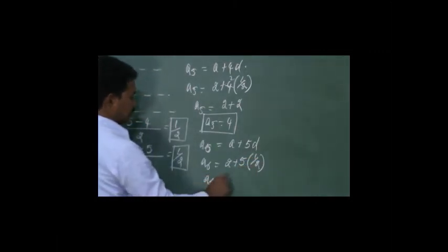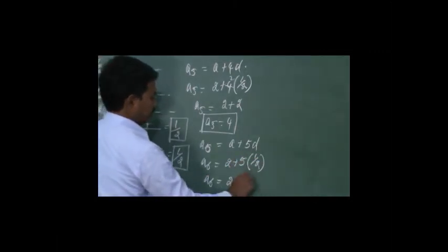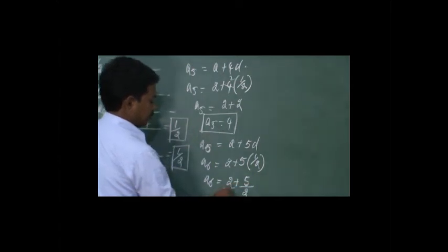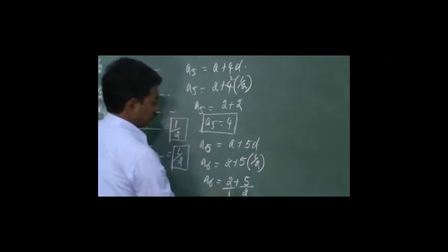So A6 is equal to 2 plus 5 ones are 5 by 2. Denominator we have it as 1. LCM is 2. 2 by 1 into 2 is 4, plus 5 by 2 into 2 is 5. 4 plus 5 is 9 by 2. So the sixth term is 9 by 2.